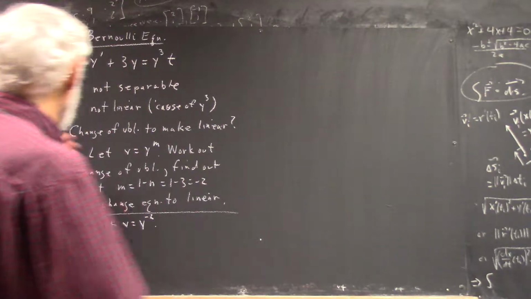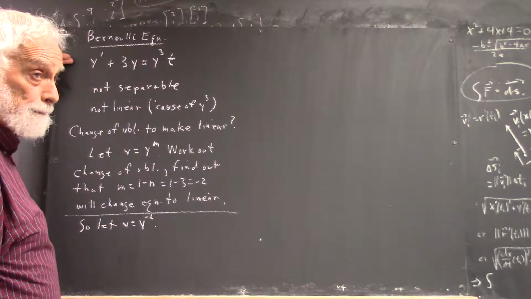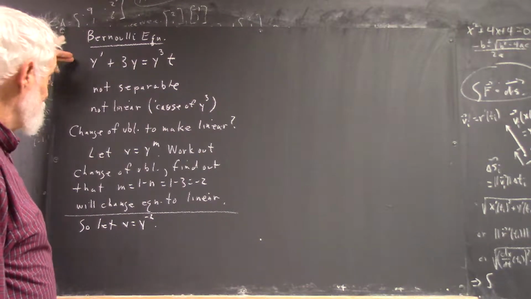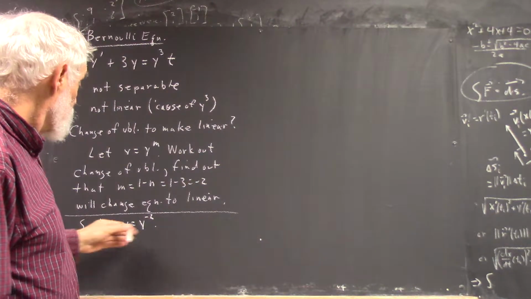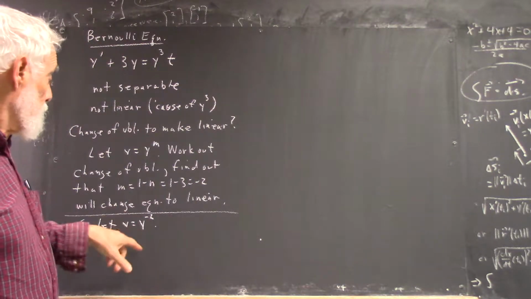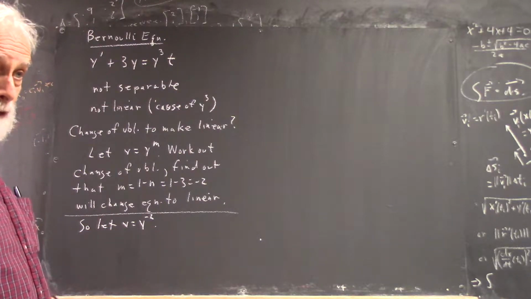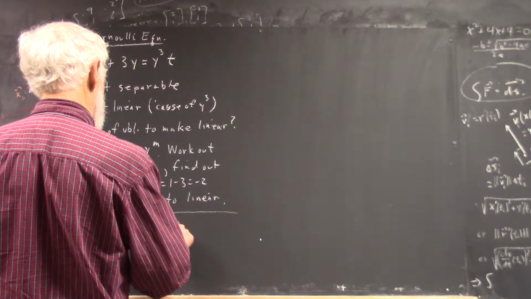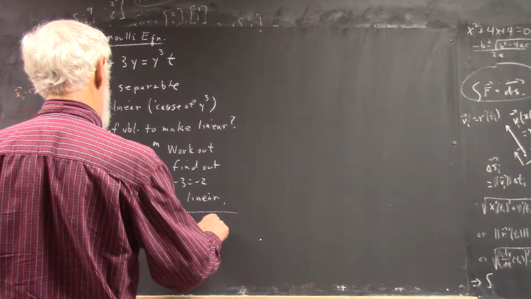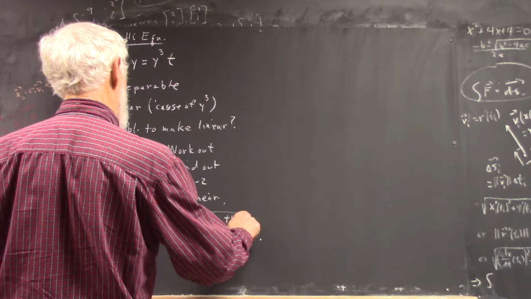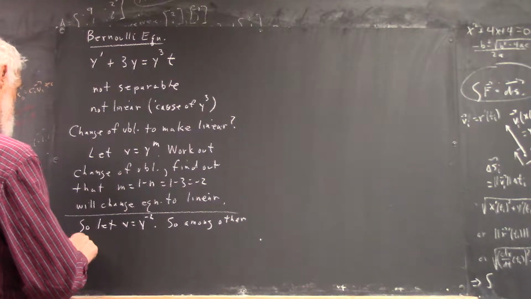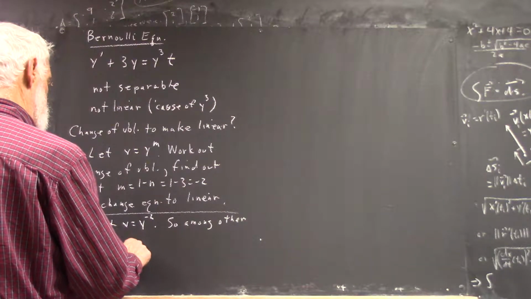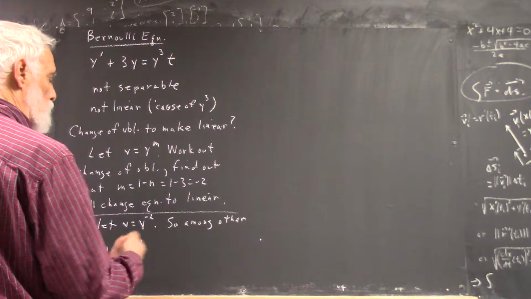Well, what do you have to do to express this in terms of v? Find v prime in symbols. What's the expression for v prime? And what's the expression for y in terms of v? This should be obvious, but it isn't always. y equals what?